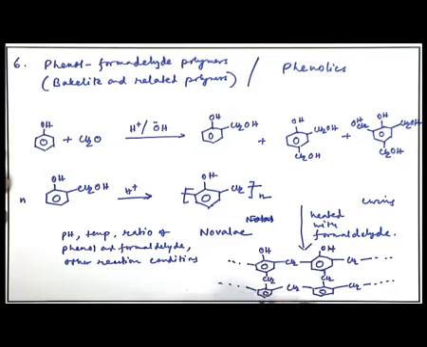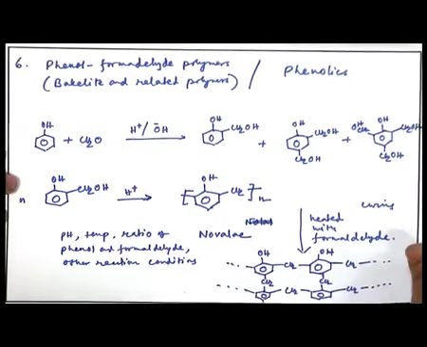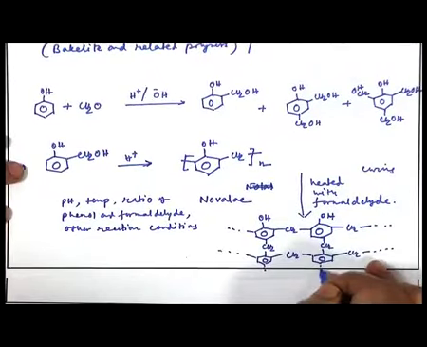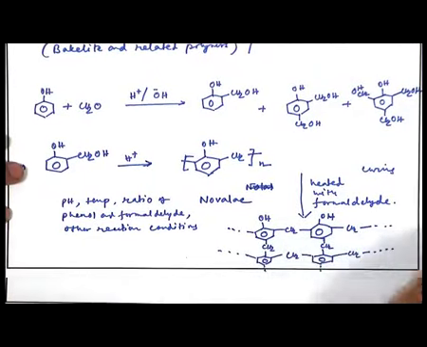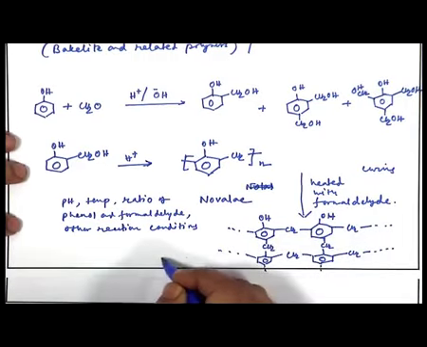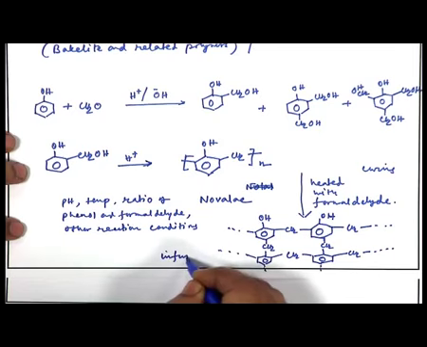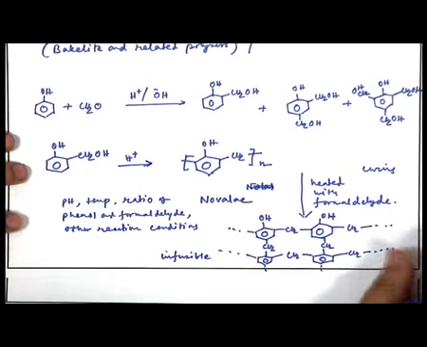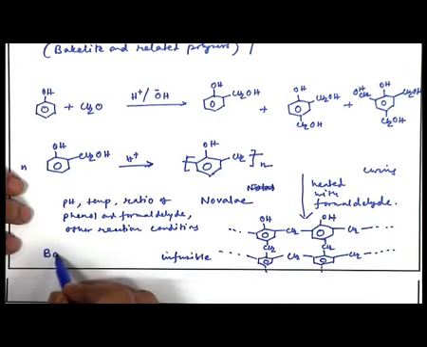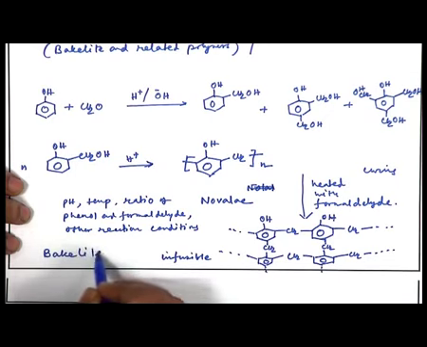You can imagine that you are making a cross linked product where you extend it in all directions, this direction, this direction, this direction. So, this is a cross link product, and as a result this is infusible. So, you cannot recycle this product, and this product is also known as bakelite.